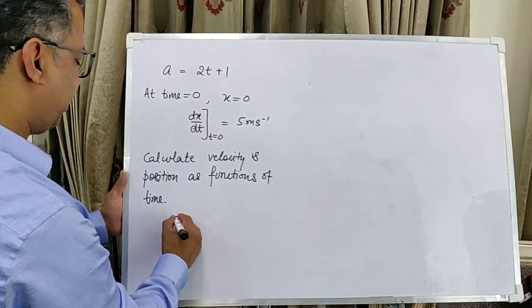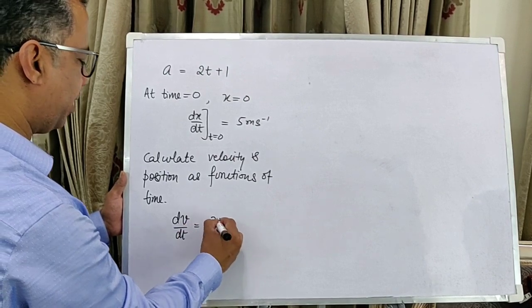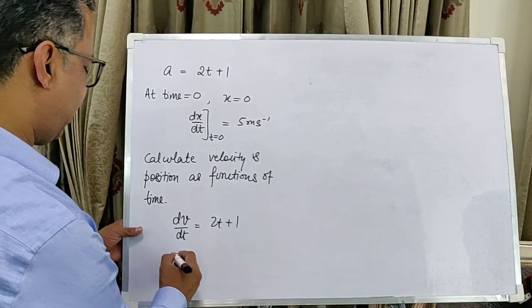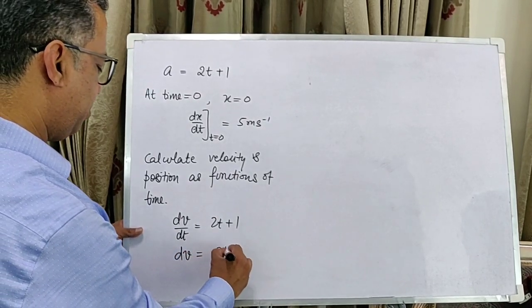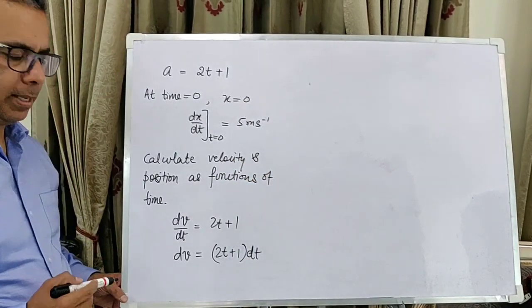A is dv by dt, it equals 2t plus 1. We take dt onto the right hand side, and we have dv equals 2t plus 1 dt.